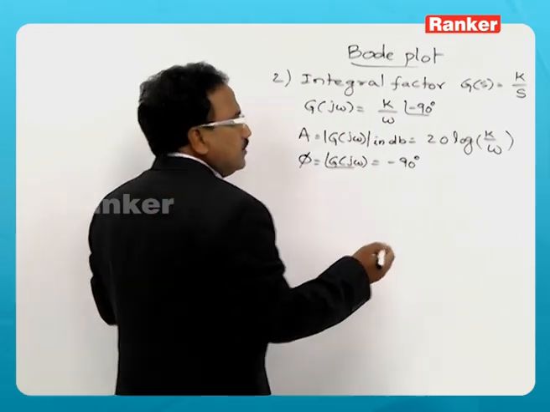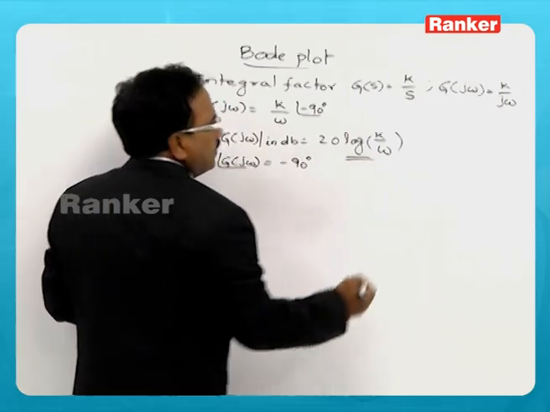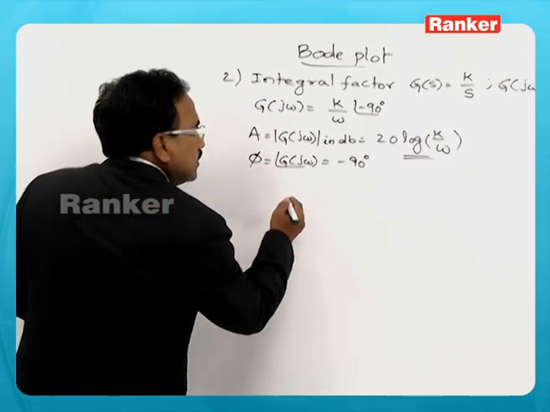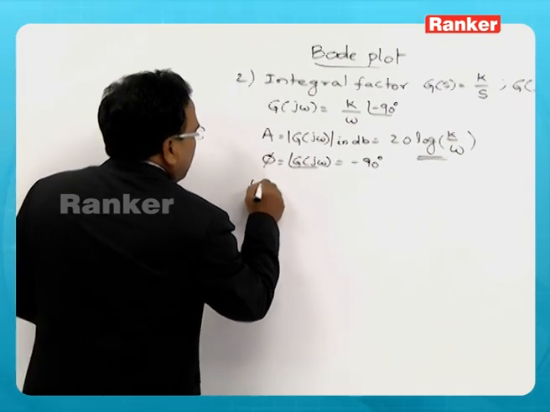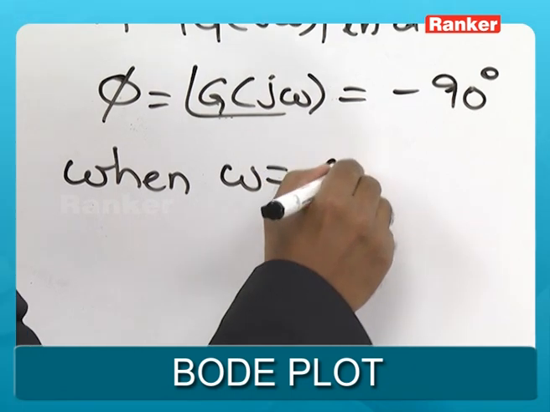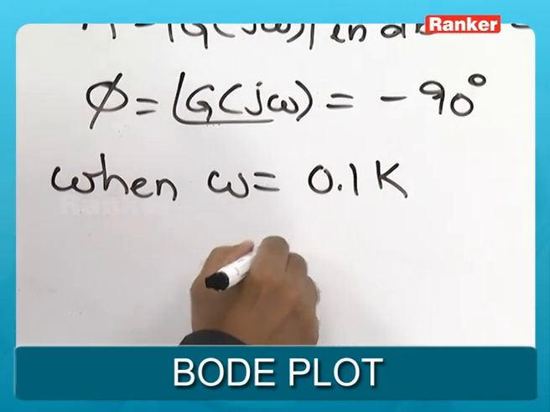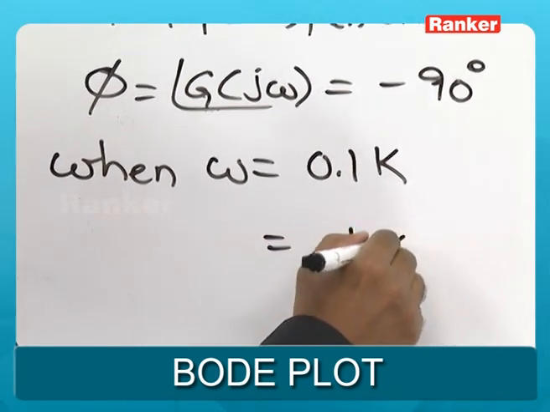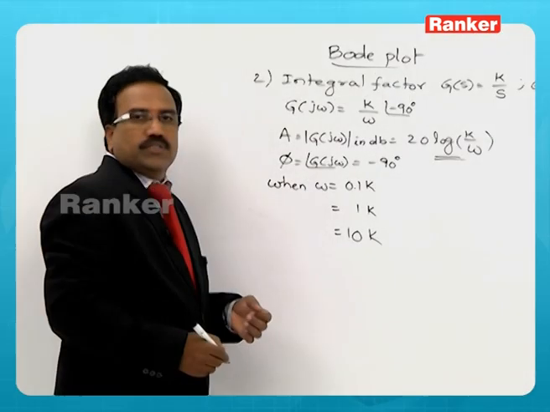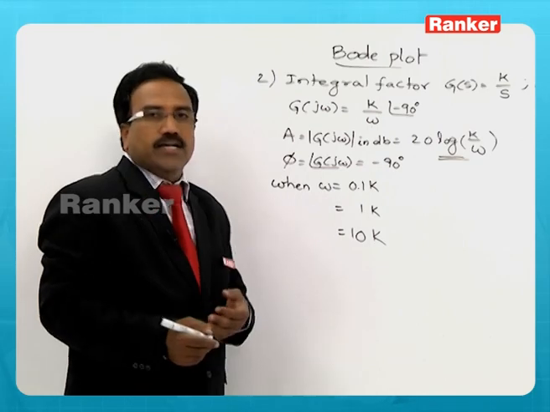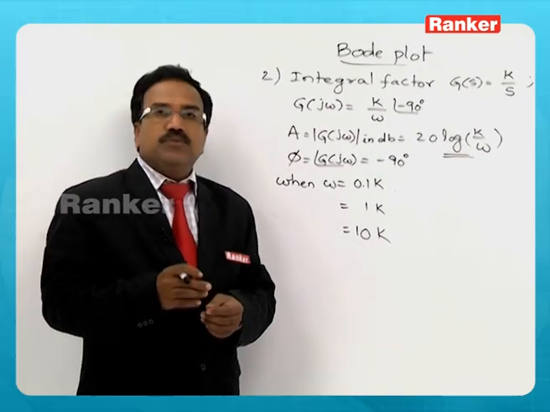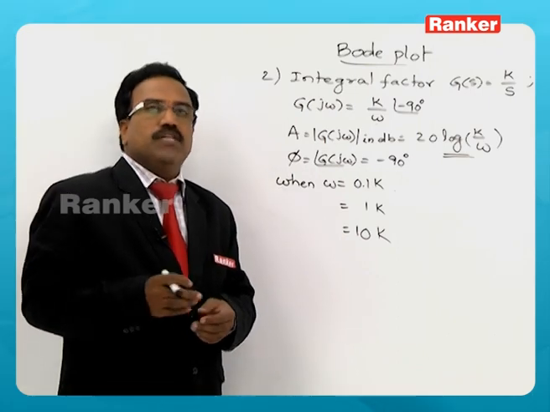Now, I need to see how this magnitude varies with ω. So, I need to consider 3 cases: when ω equals 0.1 K, when ω equals 1 K, and when ω equals 10 K. The idea is to see how the integral factor magnitude varies for different values of ω.